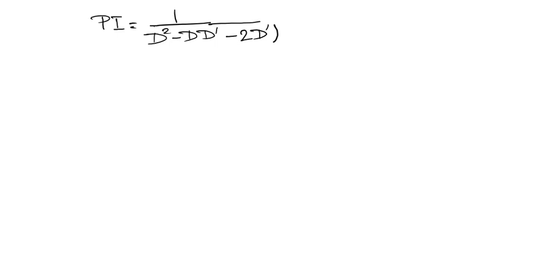Now let us consider the PI. PI is 1 by D square minus D into D dash minus 2 into D dash square of the right hand side, what is there, 2x plus 3y. I have already factorized it.